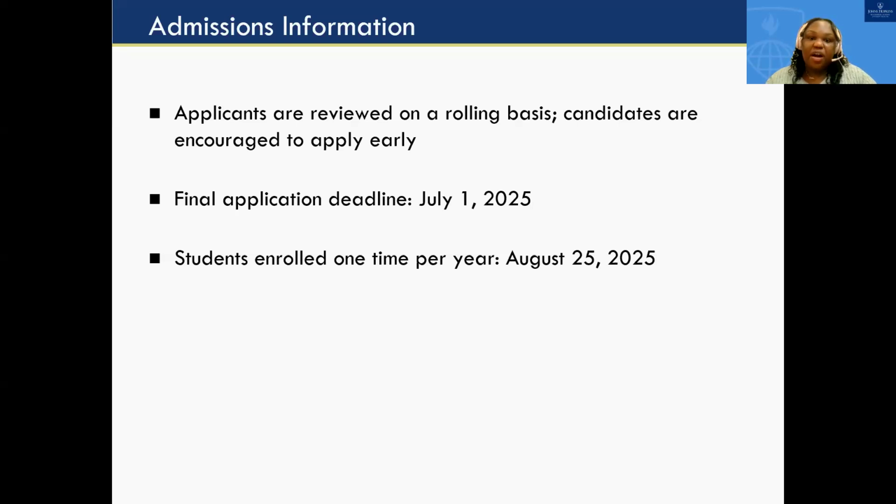That would be for our August 25th, 2025 start date. So we have one start date in the fall of each year. But again, we are accepting applications now. If your application is submitted and we have all of your application pieces, we generally try to give an admissions decision within about 2 weeks or so.